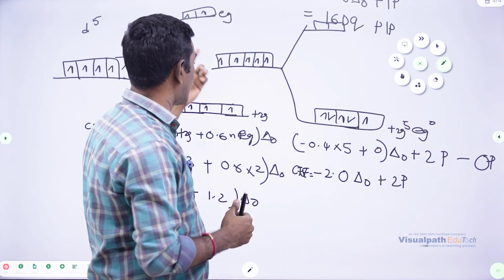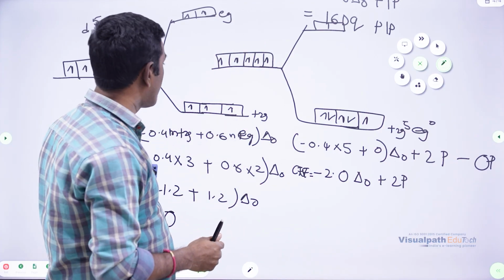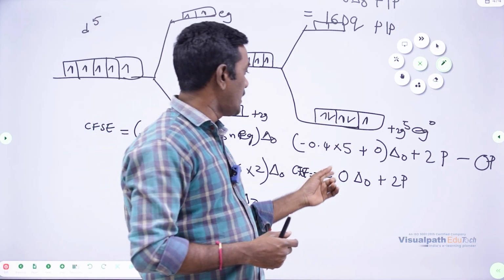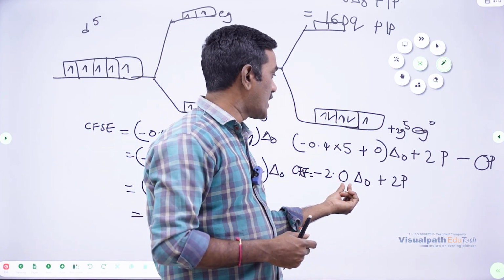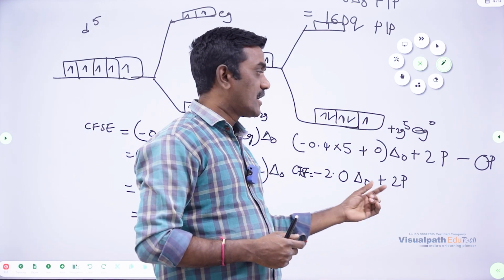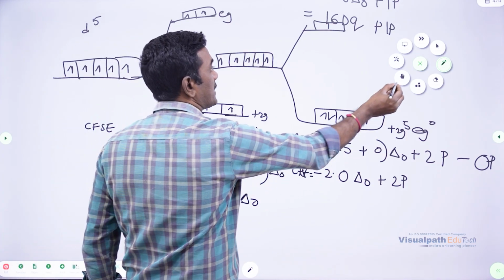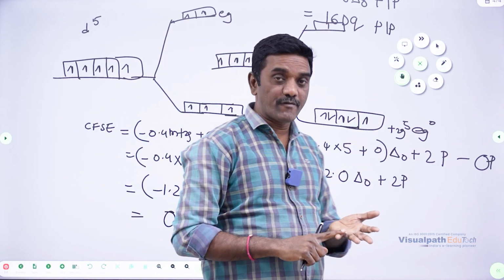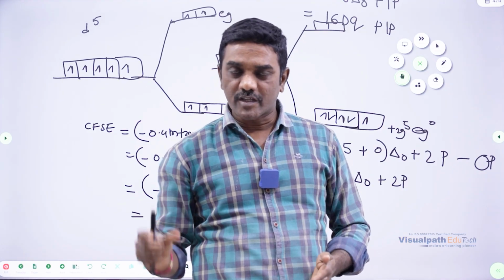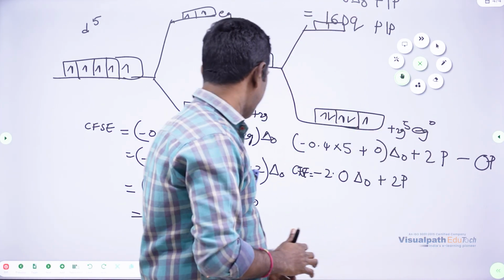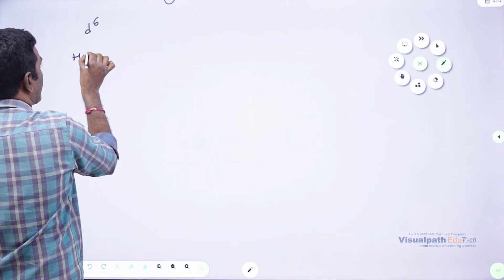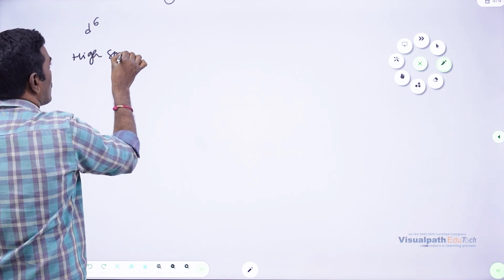Now for d5, it is going to be 0 for high spin and minus 2.0 delta naught plus 2P for low spin. Now moving on to d6, because we have to discuss from d1 to d9 both for strong field and weak field. d6 high spin: how many electrons are going to come now?